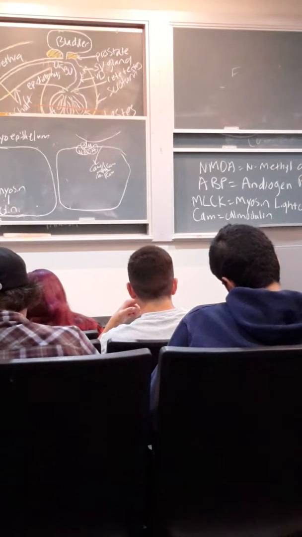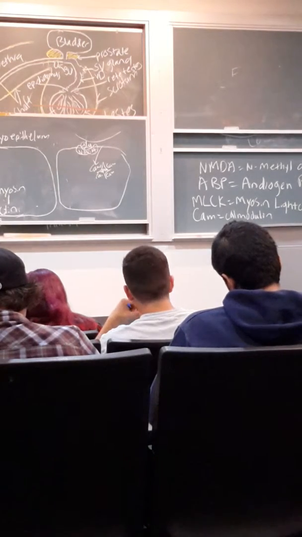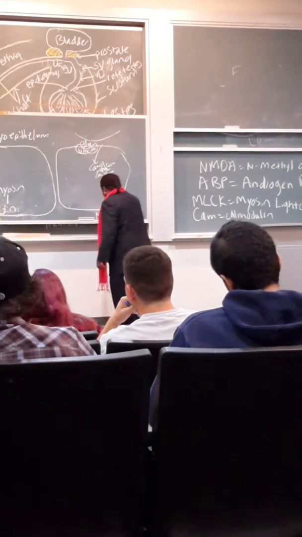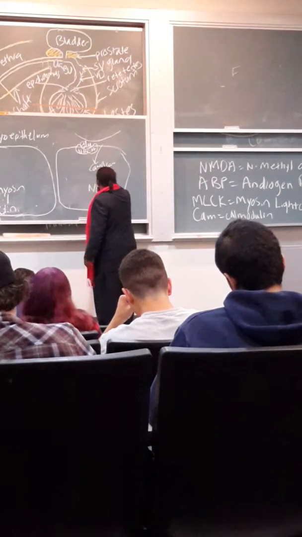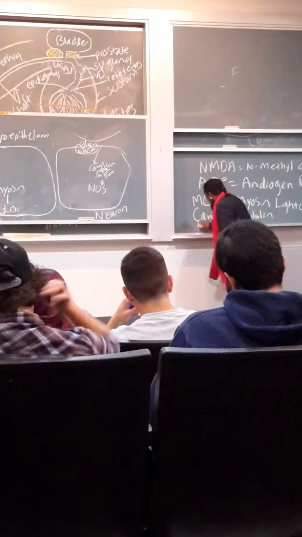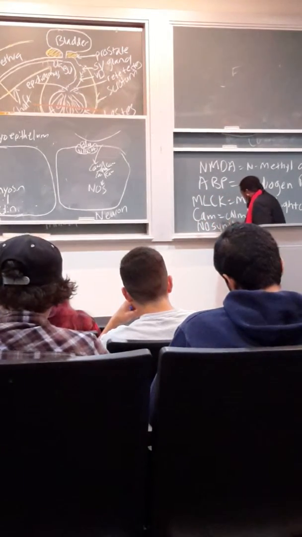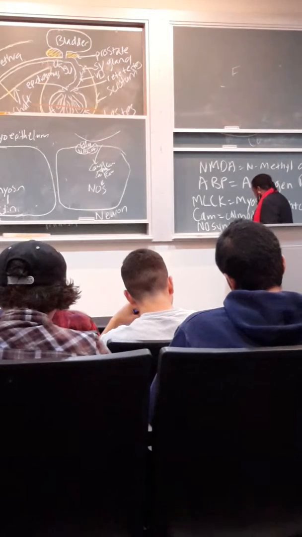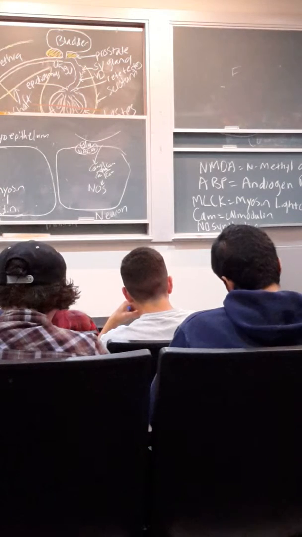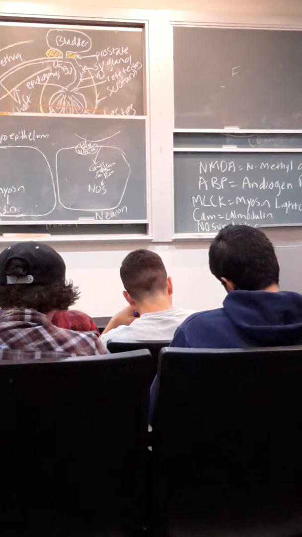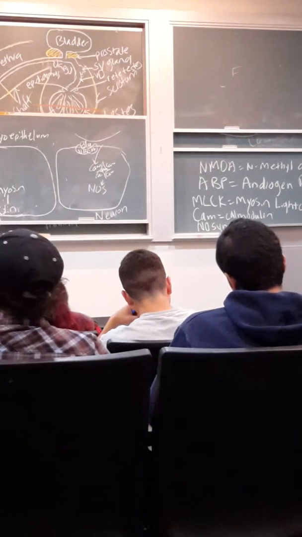In this case, the calmodulin in this neuron, so this is a peripheral nerve, this calmodulin activates something called NO synthase. And NO synthase takes arginine and converts it into citrulline and nitric oxide. Not the stuff you do at the frat parties.